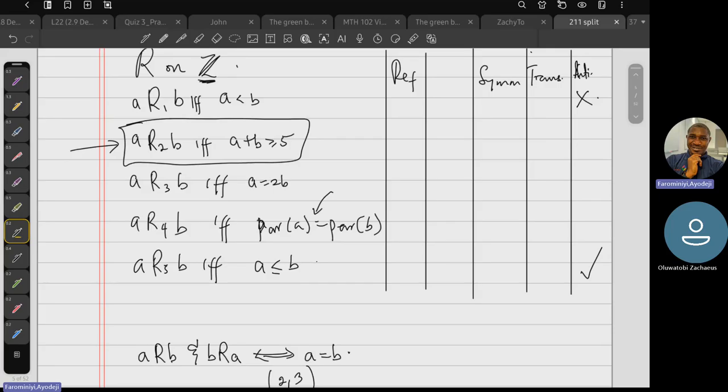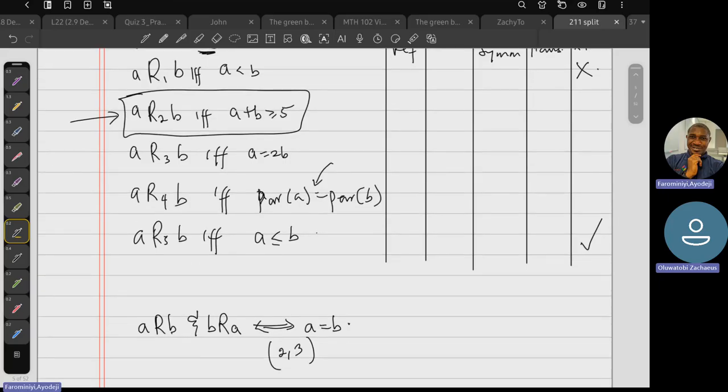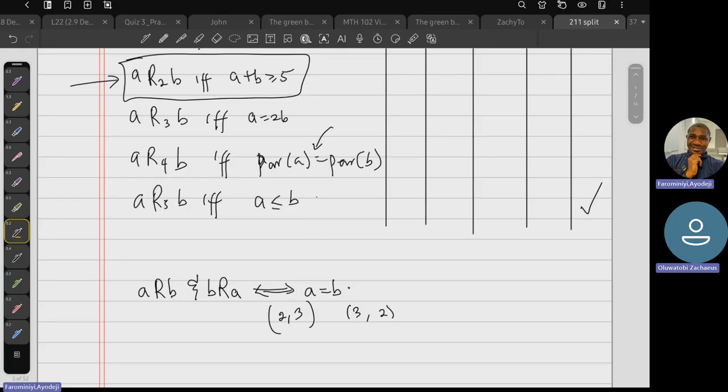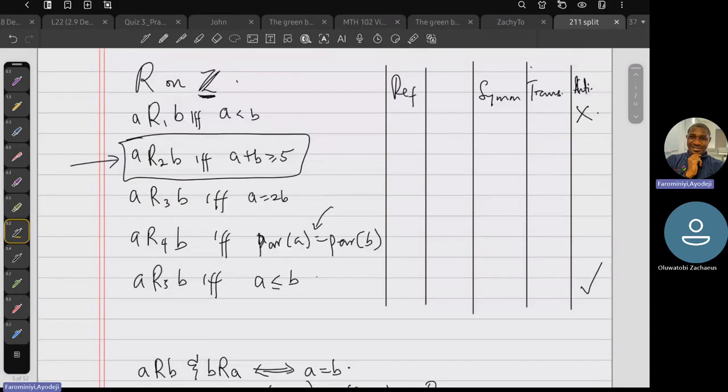So is 2, 3 in R2? Yes, sir. Is 3, 2 in R2? Yes, sir. So both of them are in R2. But is 2 equal to 3? No, sir.